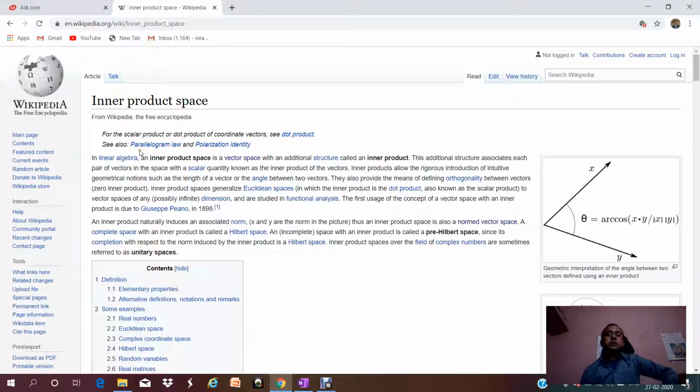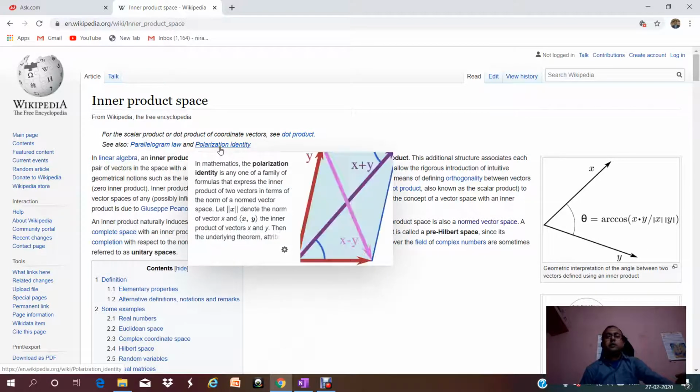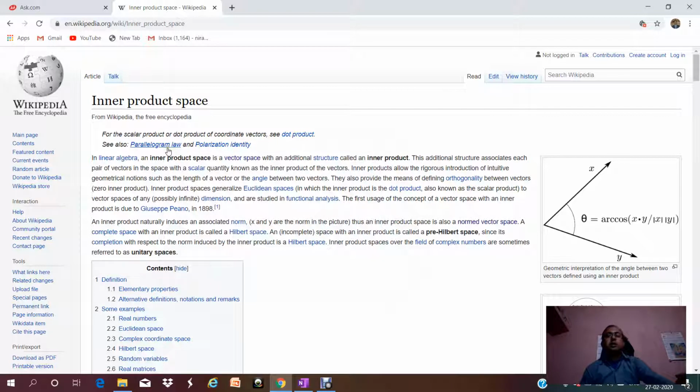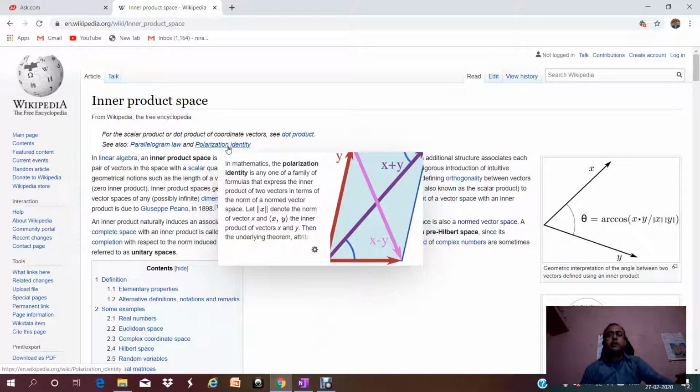Here are two theorems, you can look at them in this figure. The theorem I am not proving today, and for the polarization identity, another important one. These two laws, the theorem law and the polarization identity, I will discuss in another video.